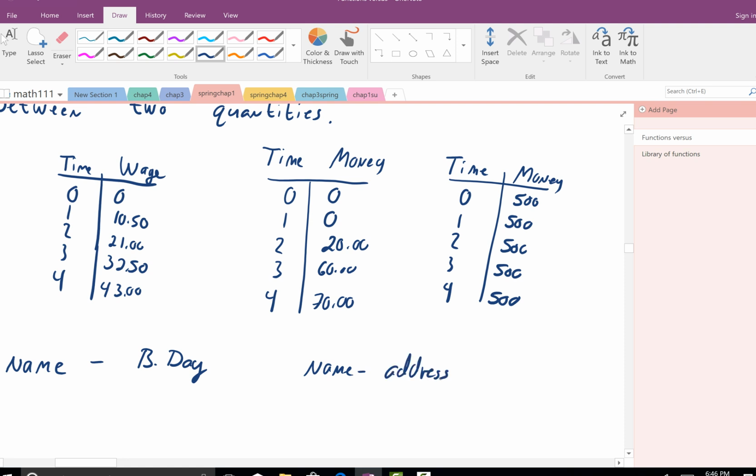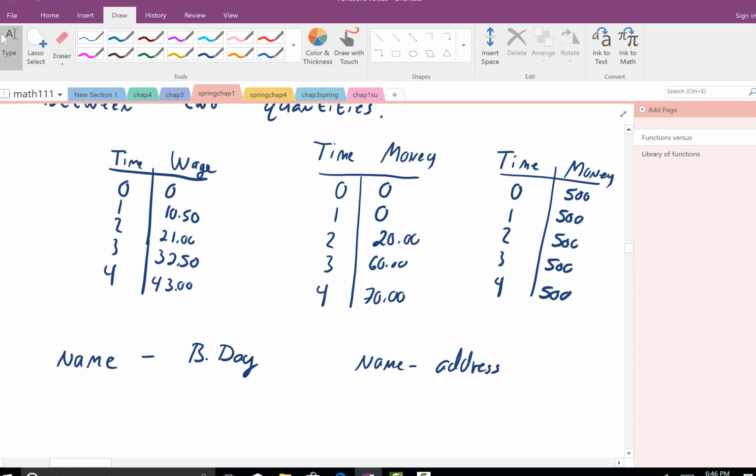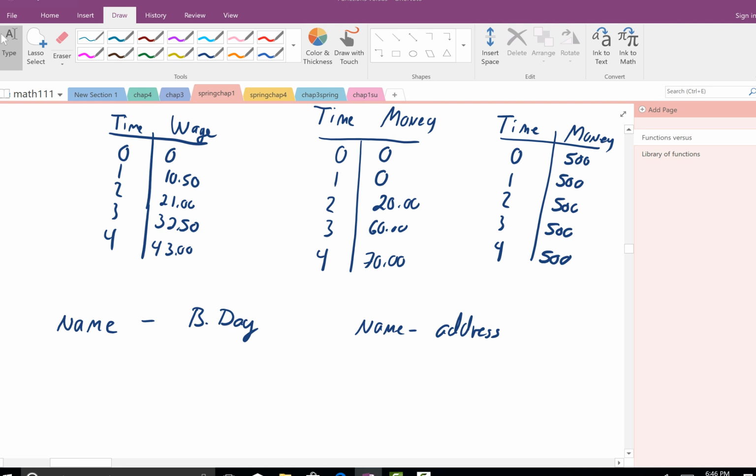Could be something like that. And it could be a situation where we have a phone and there's a number associated with that. So it could be anything like that. It doesn't necessarily always have to be a number-related thing. So that's what a relation is. It's just a correspondence between two quantities.